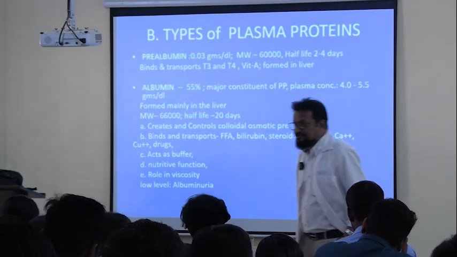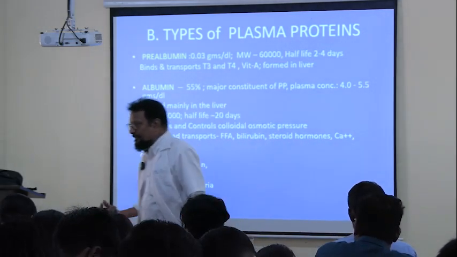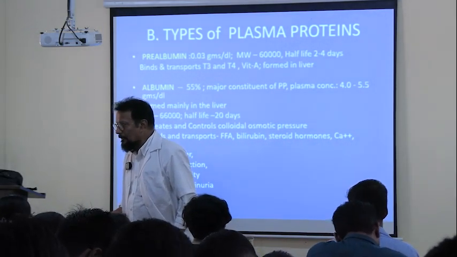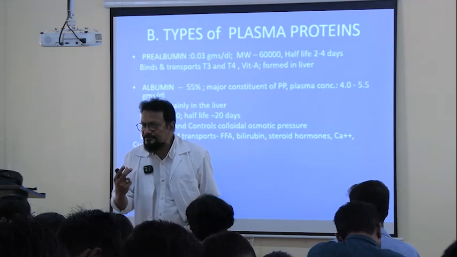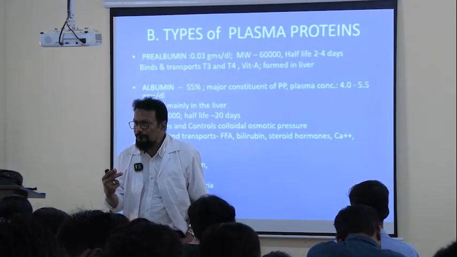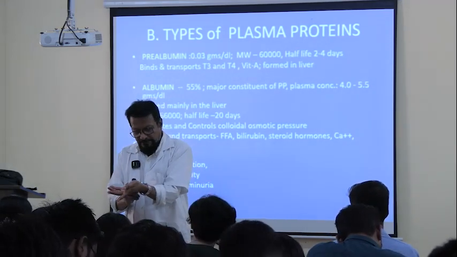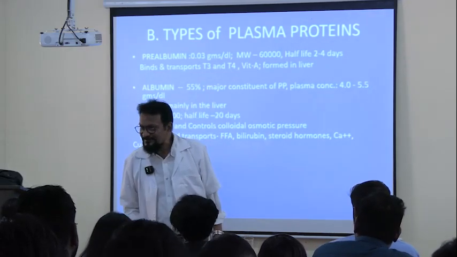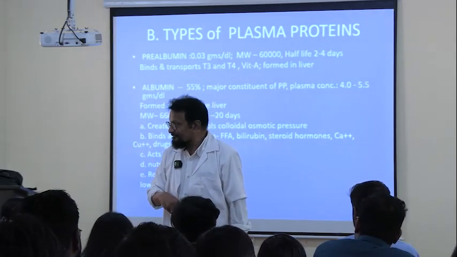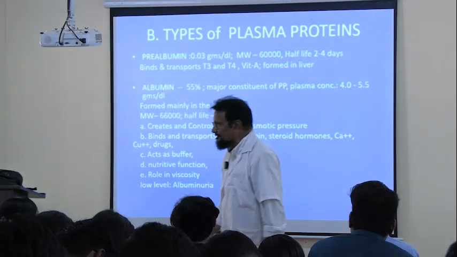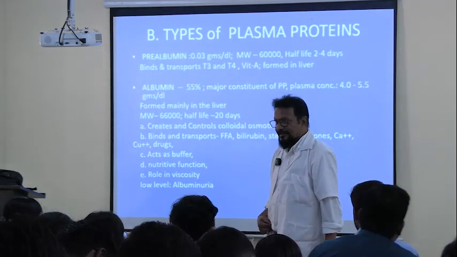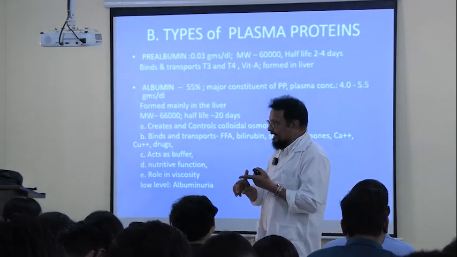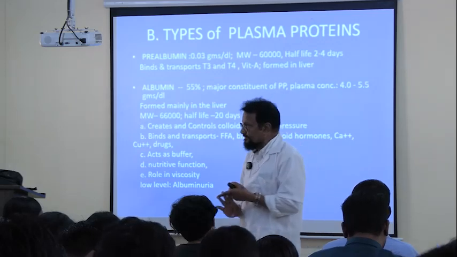Free fatty acids. Where is the source of free fatty acid in the blood? You can get free fatty acid in the blood from two sources. The fat you ingest will be digested in the intestine, say for example triglycerides.